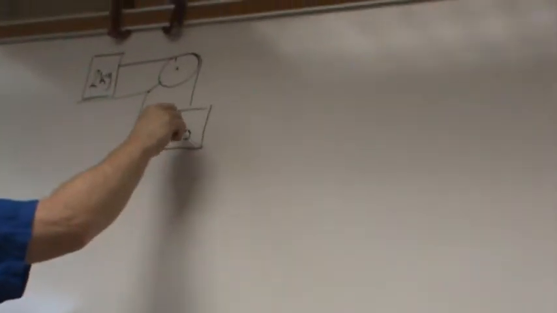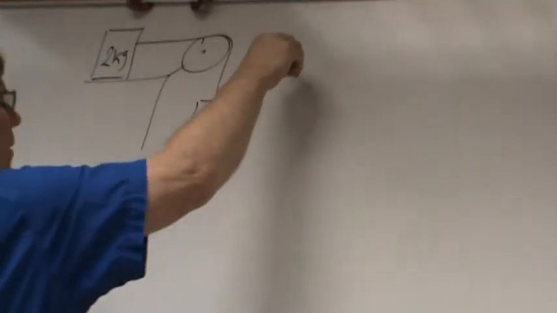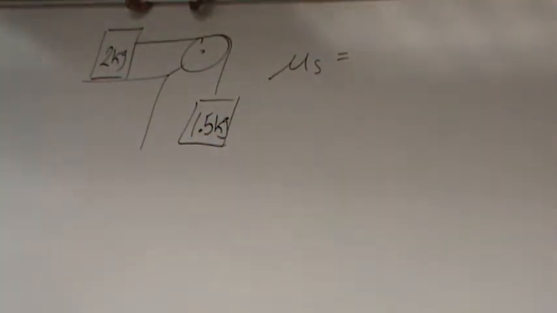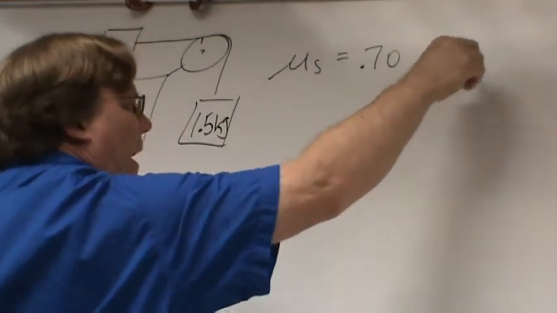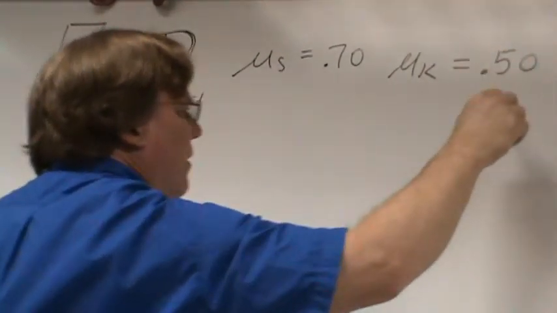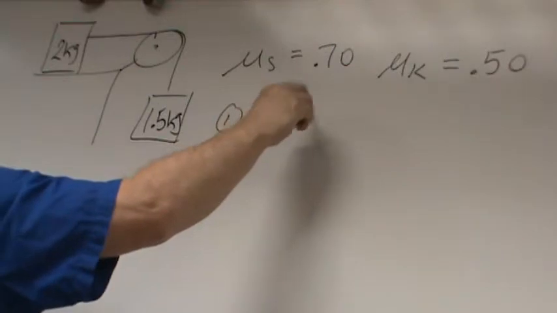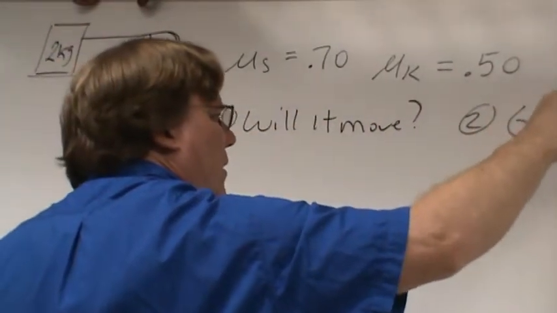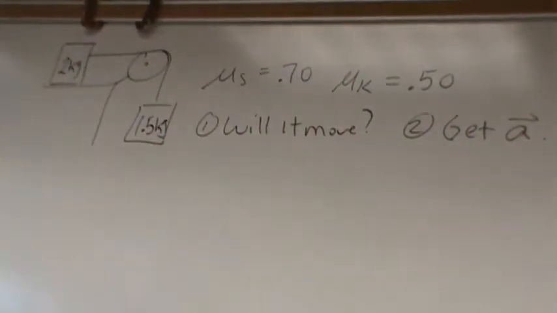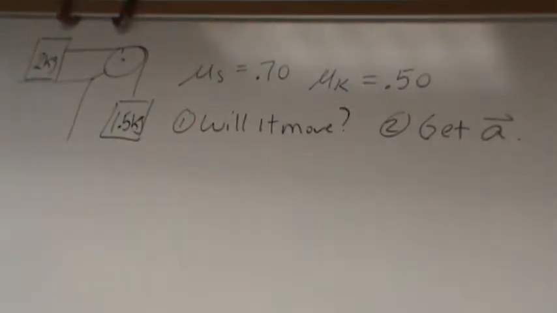This is 1.5 kilograms. U sub S is equal to 0.70, and U sub K is equal to 0.50. And again, will it move? And then get the acceleration. Good luck, you guys. I'll give you about 5 minutes. And then I'll quickly give you a heads up on number 16.